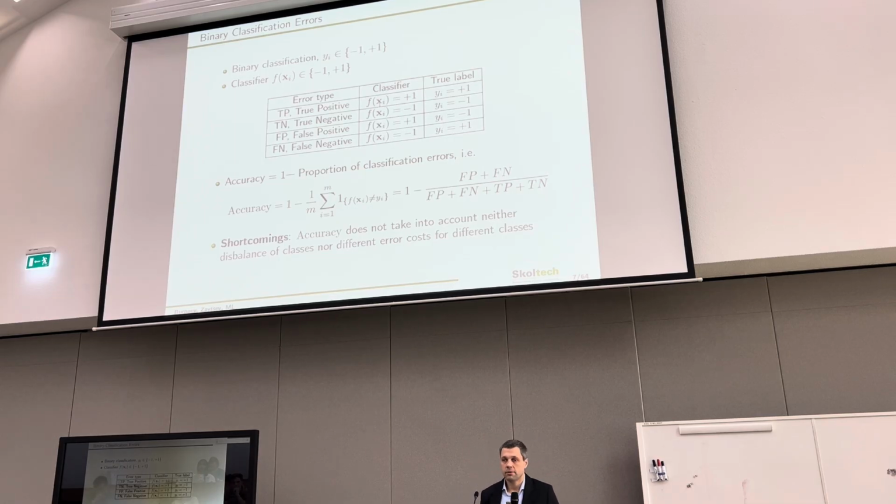But in this particular case, it's very important to predict accurately not the positive class, that is that the person is healthy, but the negative class, that is that the particular person is unhealthy, and this class is underrepresented in the available statistical data.